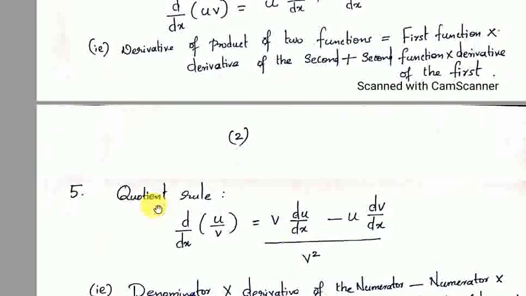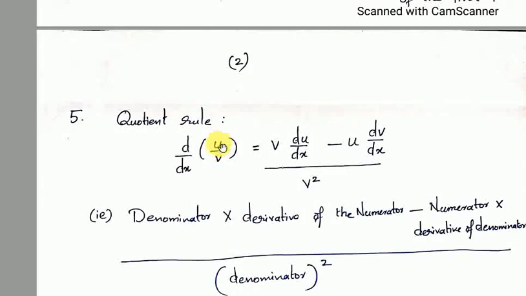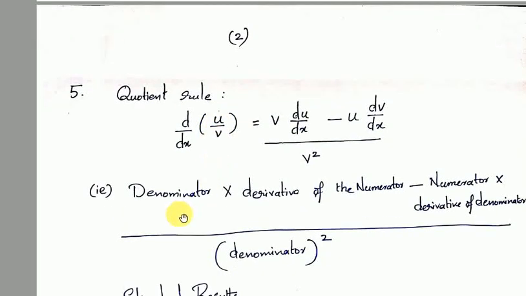Next we can see what is the quotient rule. D by dx of u by v equal v into du by dx minus u into dv by dx, whole divided by v square. That is numerator by denominator form. So what is the quotient rule?